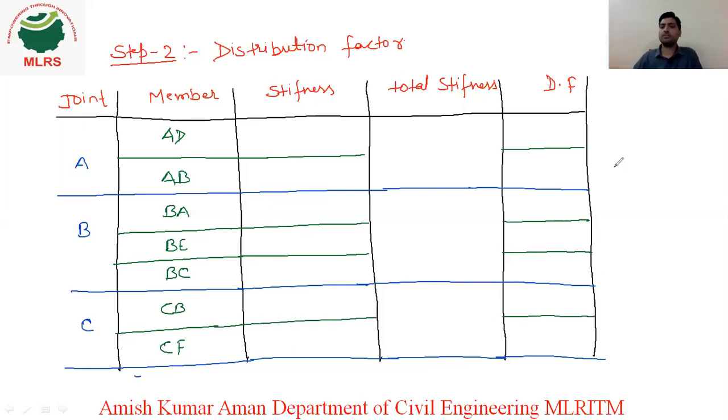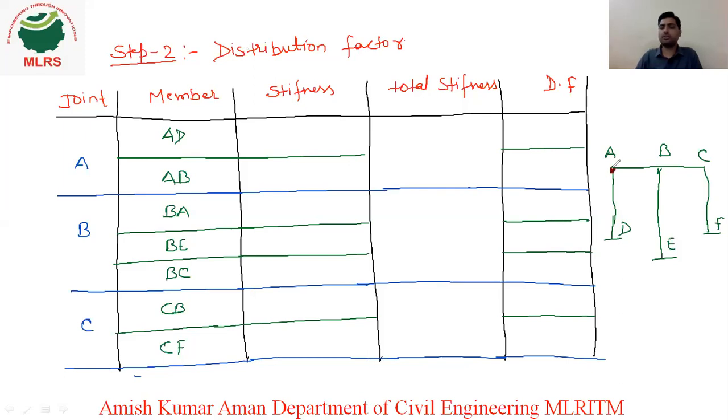For reference, I will draw that frame also so that you can get it. This is your A, B, C, D, E, F. Now see, it is your joint here.